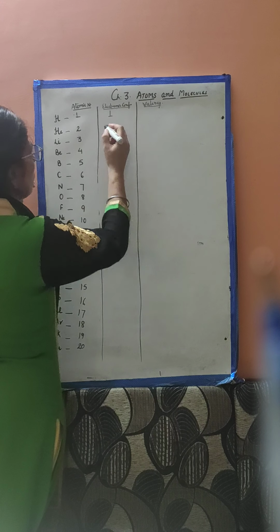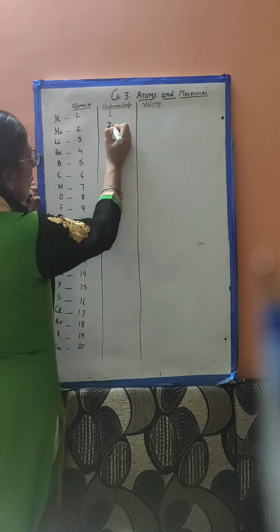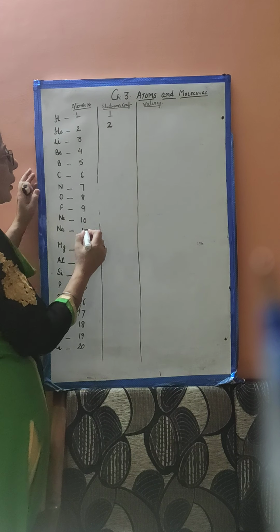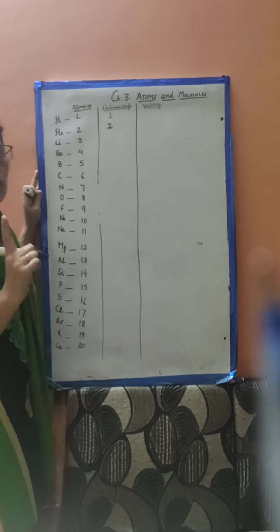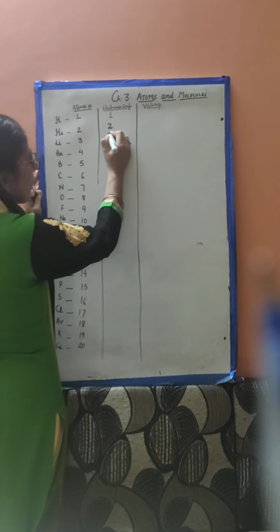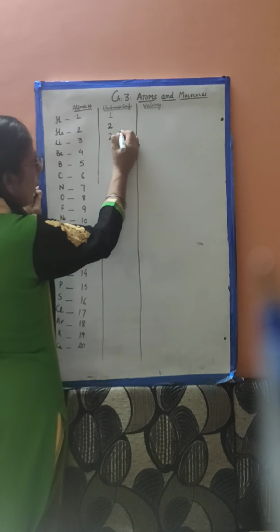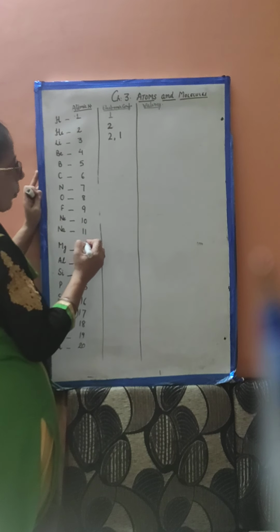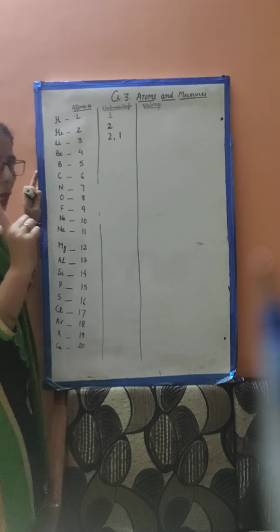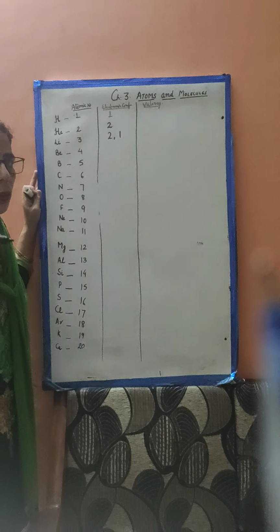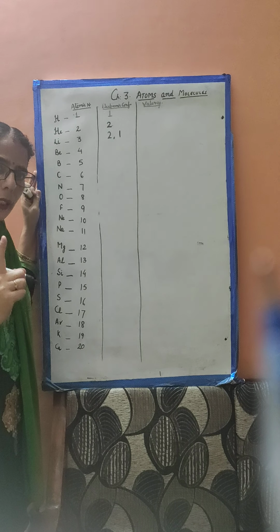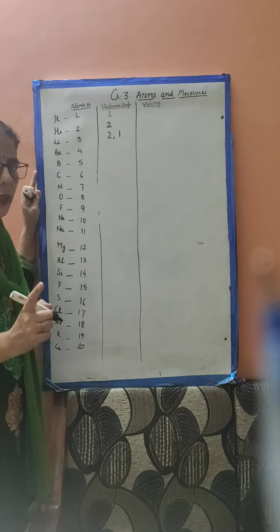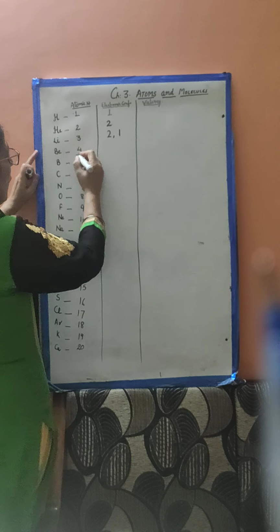Now lithium has 3 electrons, but the first shell cannot have more than 2 electrons. So in the first shell there are 2 electrons and in the second shell there will be 1 electron. I am specifically saying electrons are in orbit, but protons and neutrons are deep inside the atom in the nucleus.